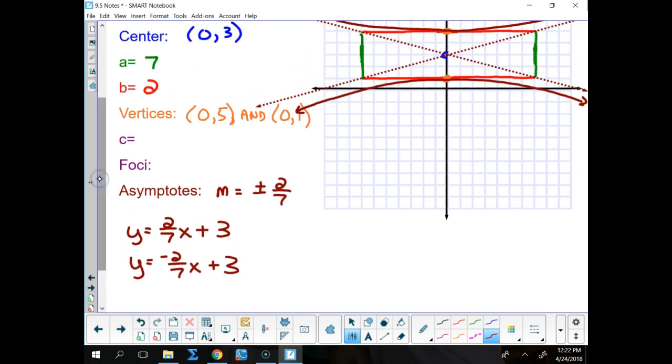Only thing left is foci. C squared is going to equal a squared plus b squared. So I get c is the square root of 53.